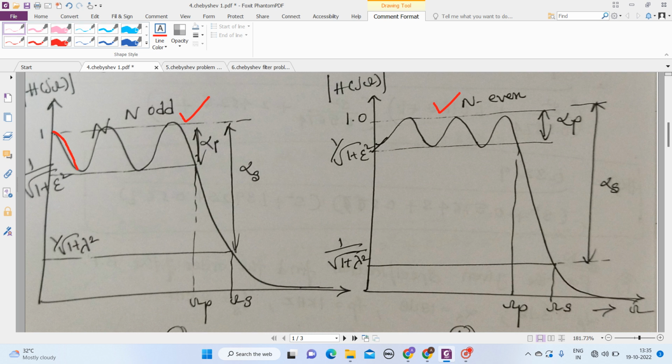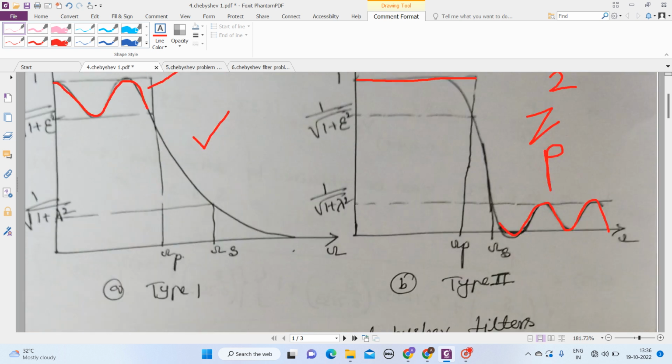If the magnitude starts from 1 divided by square root of 1 plus epsilon square, not from magnitude 1, then it is a Chebyshev filter with n even. That's it. This is very, very important.